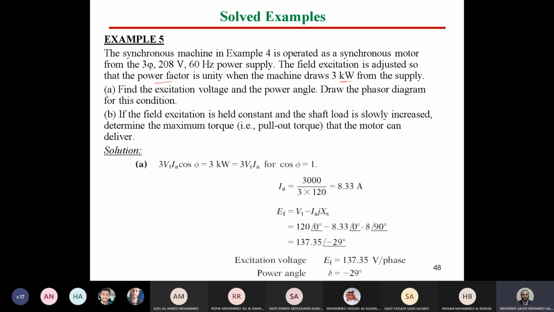There is a difference, guys, between what the rated power of the machine is and what power you are operating it at. For instance, all of us have air conditioners at home, and the air conditioner is rated in tons or in kilowatts. You may find small split units of around 2 tons or 3 tons or 2 kilowatts.